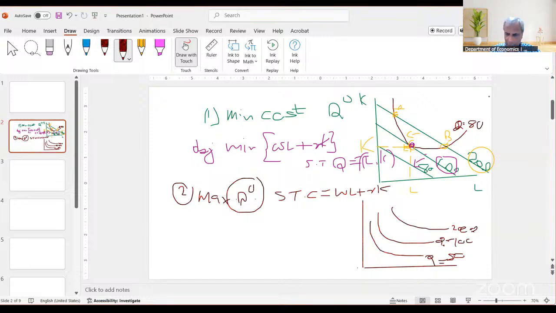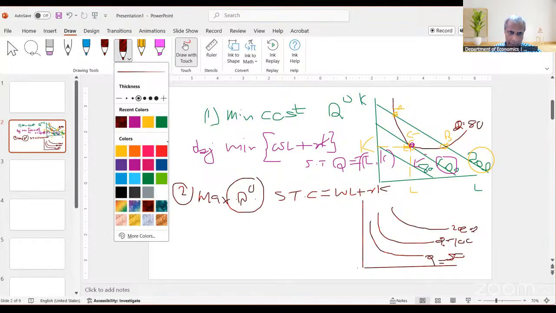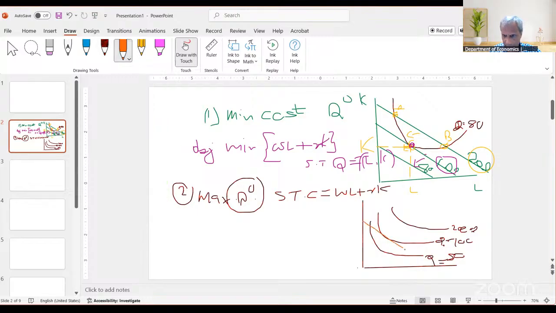Now, we know rational producers produce more and more, which means going to a higher isoquant curve. But they have a limited or given cost. So that reflects the isocost curve.